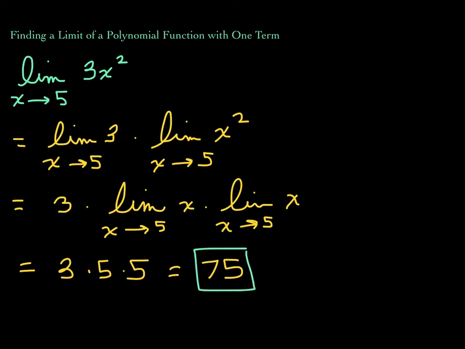Hey, I want you to notice that had we just plugged 5 in from the very beginning, 5 squared is 25, and 25 times 3 is 75. So I hope that you're seeing that it would have been a lot faster had we known from the beginning that all you got to do is plug 5 in.